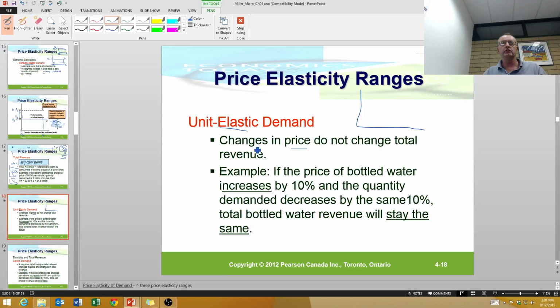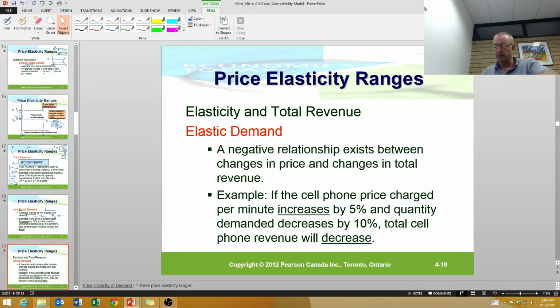If price goes up, total revenue stays the same, or if price goes down, total revenue stays flat. And the example from the book is bottled water, but it's just an example. The other extremes are more interesting.